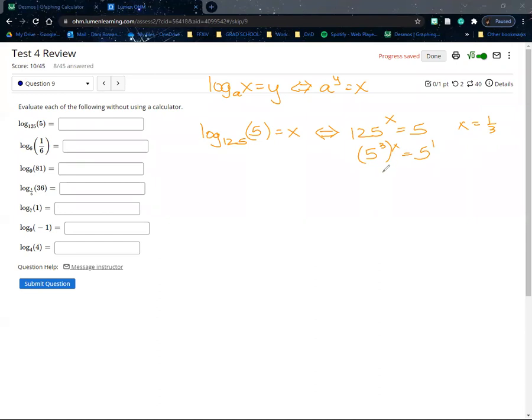And now we have 3x equals 1, or x equals 1/3. So that's what you could do if you don't necessarily make that connection. Good job. And I'll put that in there.